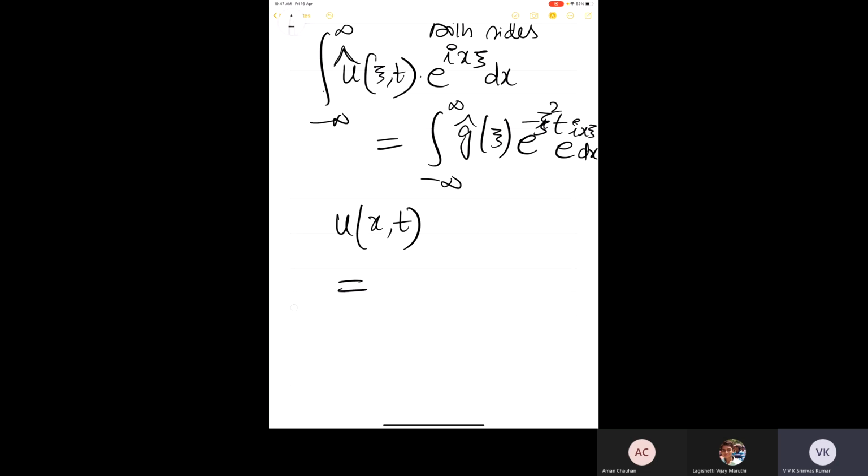So the left hand side is u, and the right hand side we can write by expanding g cap. The expansion of g cap gives the integral of g of y, exponential minus I xi y, dy.